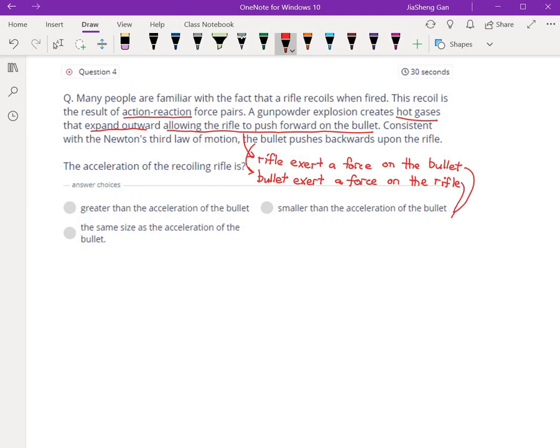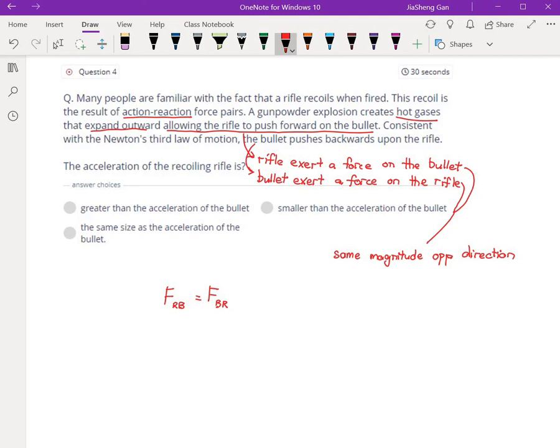So we know that they should be the same magnitude, opposite direction. Knowing that, we can safely say that F by the rifle on the bullet is equal to the force by the bullet on the rifle.